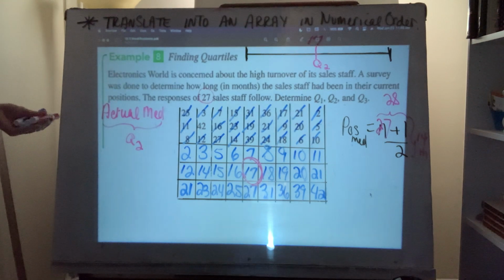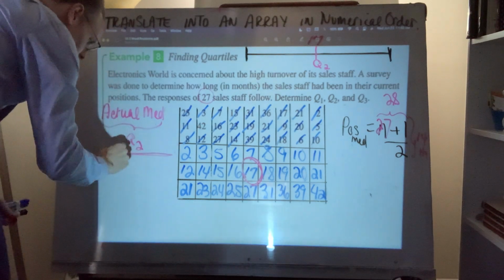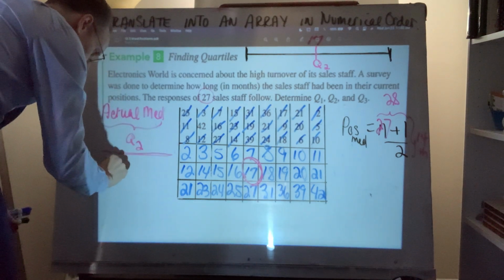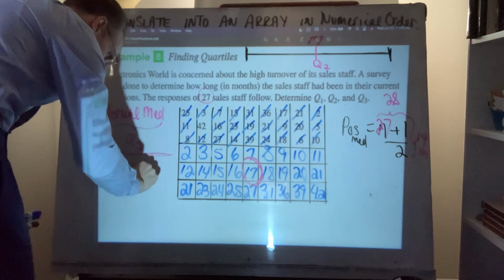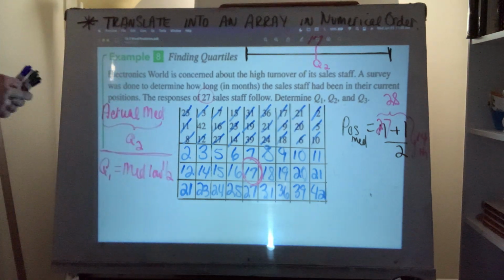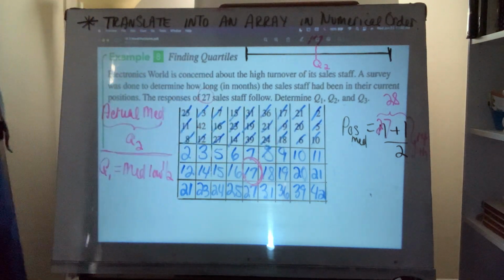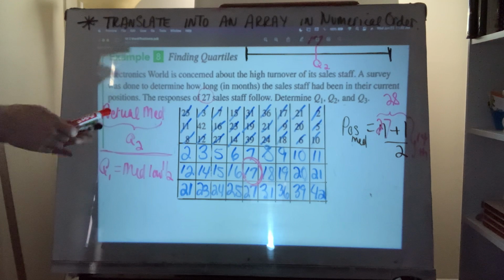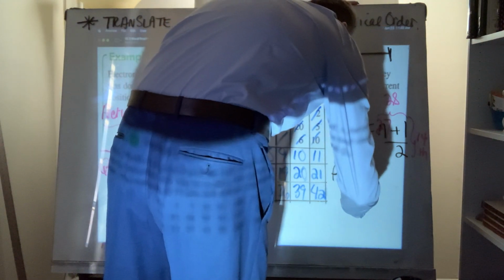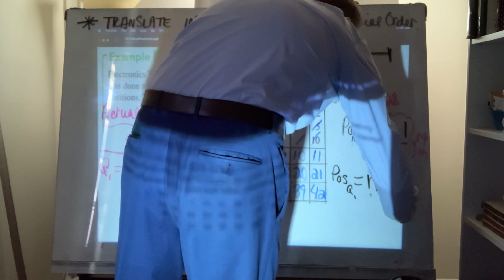I'm just going to go get Q1. Q1, remember, is the median of the lower half. You could, again, if you want to, count how many things and just determine how many there would be in the middle. We'll use this formula again. Position of Q1 would be number of data values plus 1 divided by 2.